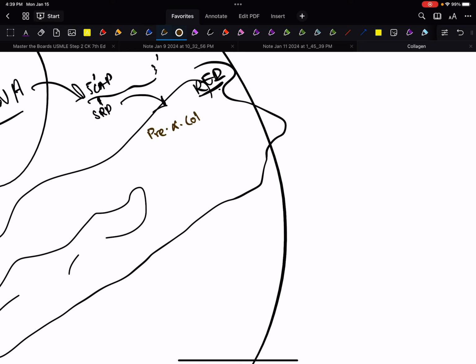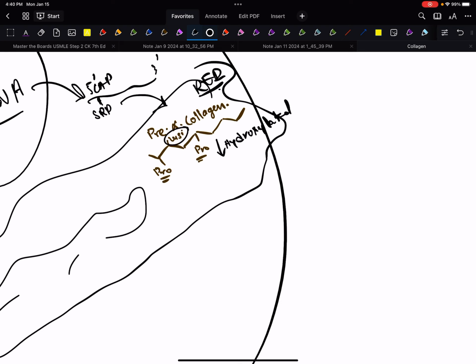Now, in the RER, this is going to get translated first into pre-alpha collagen. This pre-alpha collagen is a long chain of mostly prolines and lysines, so every third is pretty much a proline. You get what I mean? So proline is going to be the most abundant, and what's going to happen in the RER is that this is going to get hydroxylated.